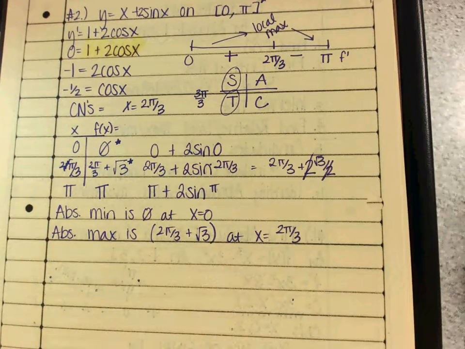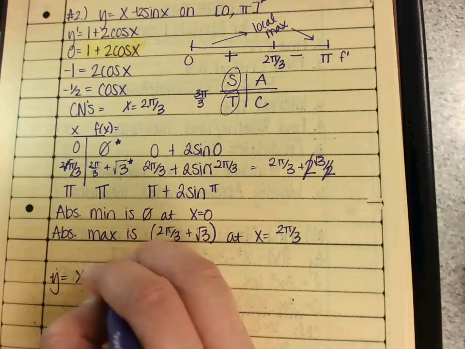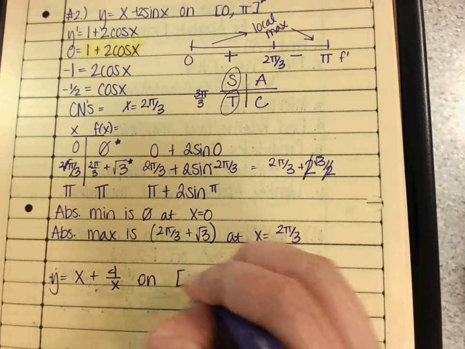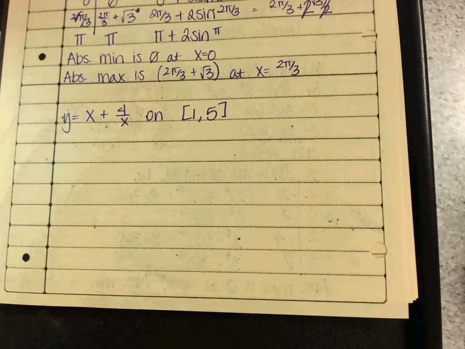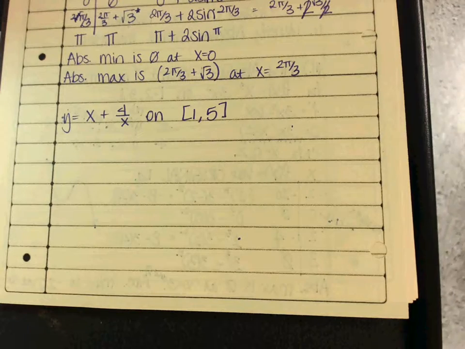Next one is going to be y equals x plus 4 over x. We're going to be looking on the interval from 1 to 5. Can I take the derivative of that as is? Can't you put 1/4 x?